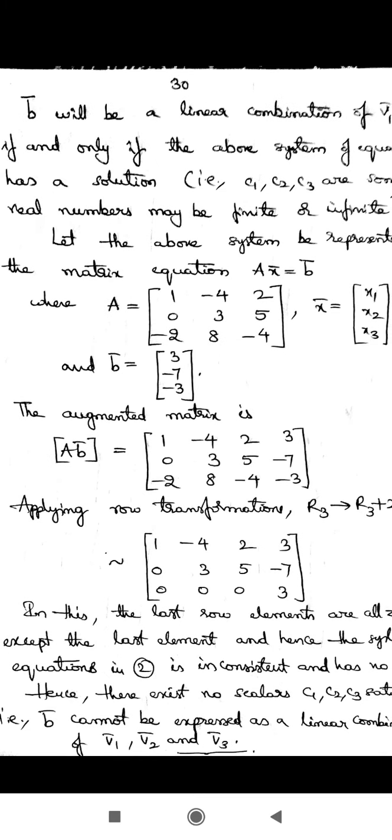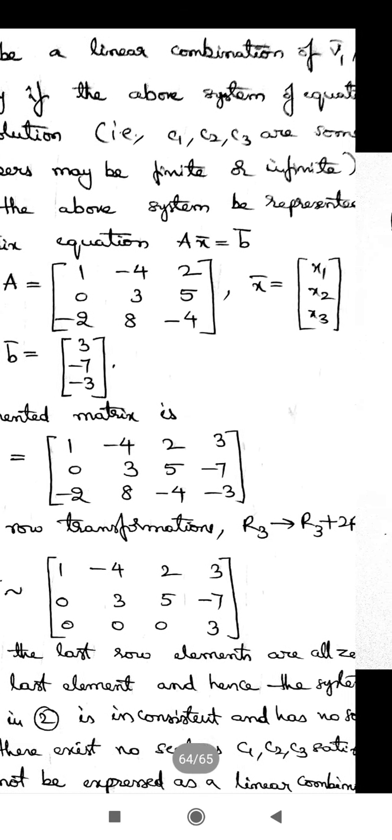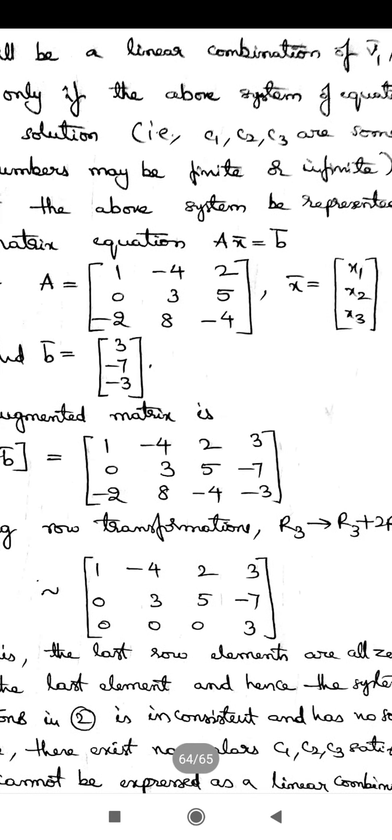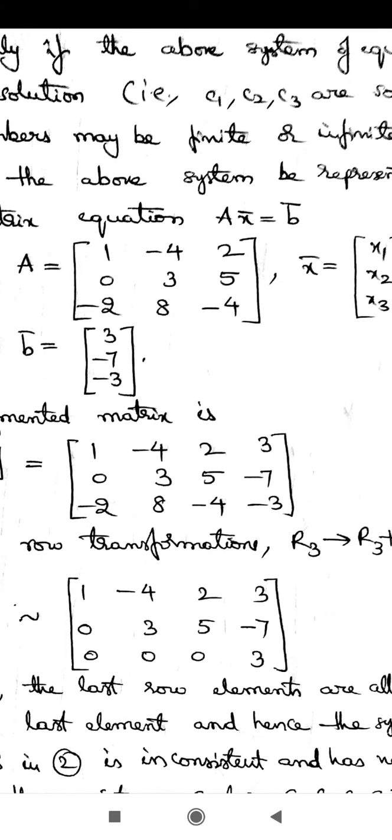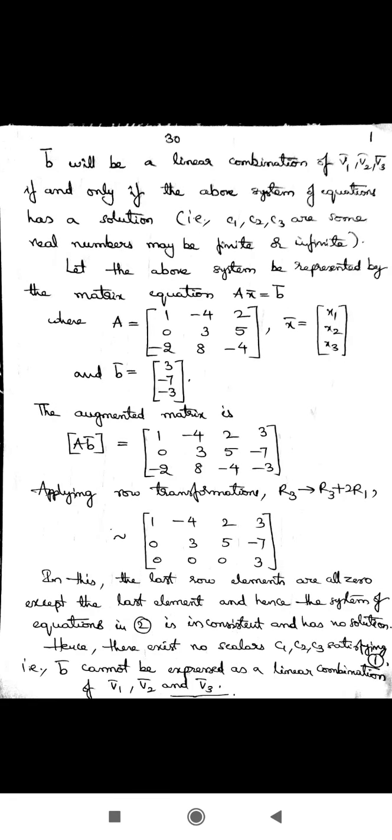Applying the row operation R3 as R3 plus 2 R1, we see the resultant matrix as 1, minus 4, 2, 3; 0, 3, 5, minus 7; 0, 0, 0, 3, in which the last row consists of 3 zeros and a non-zero number at the end.